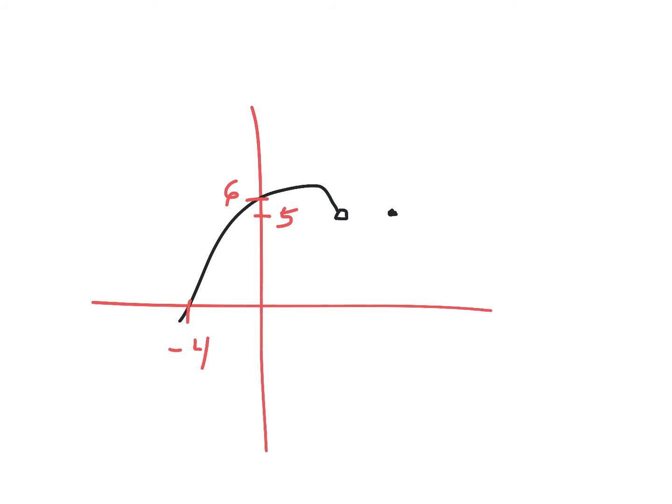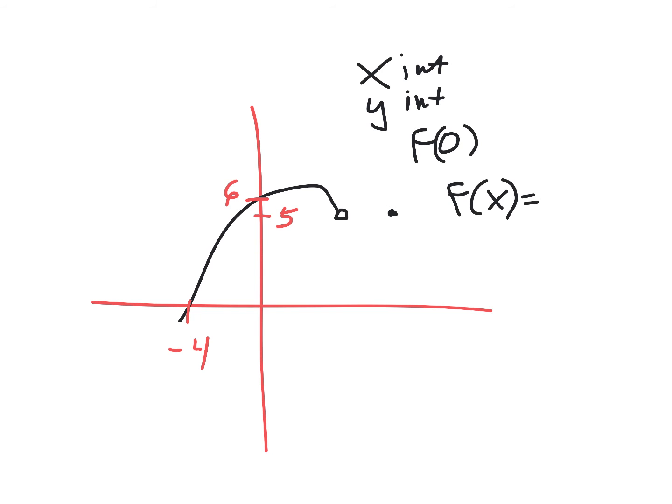Can you tell me the x-intercept? Don't overthink it. Can you tell me the y-intercept? Can you tell me f of 0? Can you tell me f of x is 5? Try to answer those 4 questions about my little sketch.